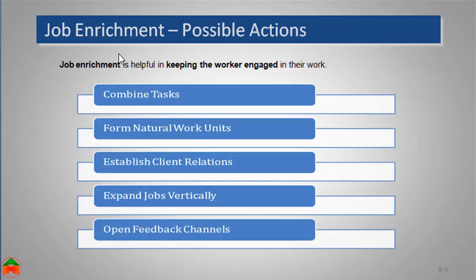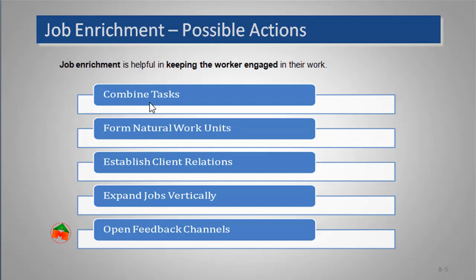The second way to increase the motivation of employees is job enrichment. Job enrichment is helpful in keeping the worker engaged in their work. So what are the possible actions to ensure the job enrichment?